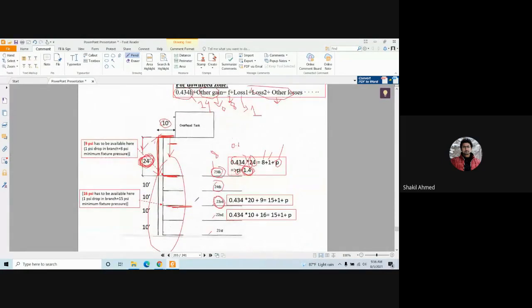Now for the 23rd floor, look at 23rd floor. What is your available pressure, guys, here at this point? 25th floor. What is your available pressure?